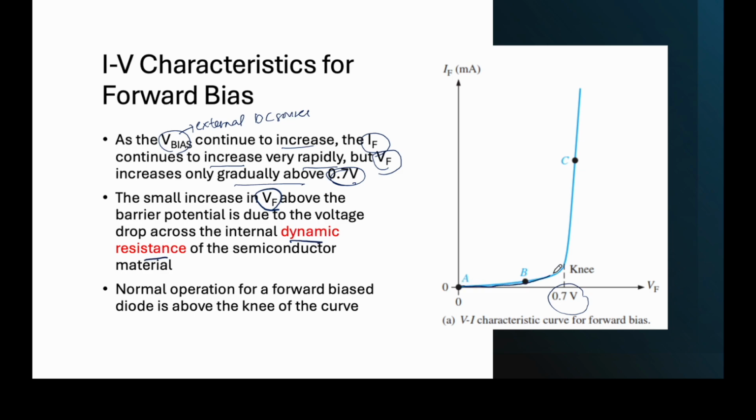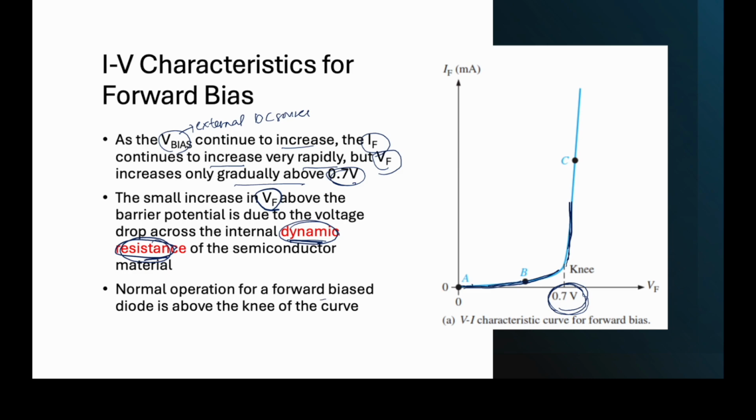So why does it not increase as rapidly as before? Because of the existence of dynamic resistance. This dynamic resistance is also known as internal resistance inside the diode. Because of the depletion layer, the current is not able to flow as high as once the value of the V bias is above 0.7.